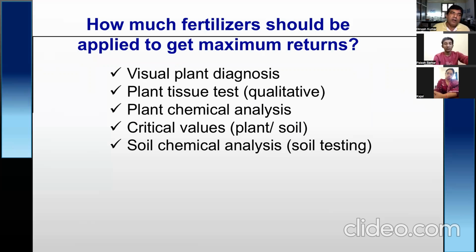And what soil scientists used to do to give recommendation under such cases, they used to have classes like low, medium, high. If it is low, response will always be there. And they say apply 100% recommended dose if you have low status of nutrient. Apply, say, 50% or 50 to 70%, 75% of the recommended dose if your nutrient status is medium. And then if it is high, no need to apply any nutrient.